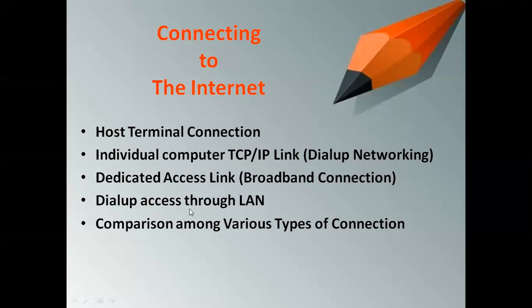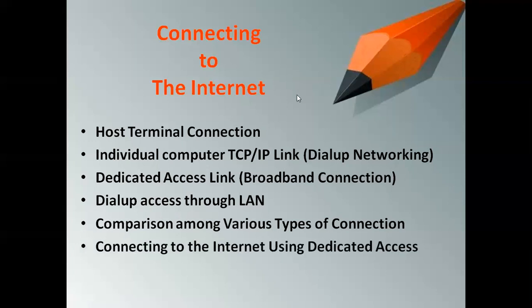So which is the slowest one, which is the fastest one, which is direct, which is indirect. All these details we are going to learn through these points. Then we will cover the next point, connecting to the internet using dedicated access. We will use the broadband connection, and how to connect to the internet, that step and process we will understand.